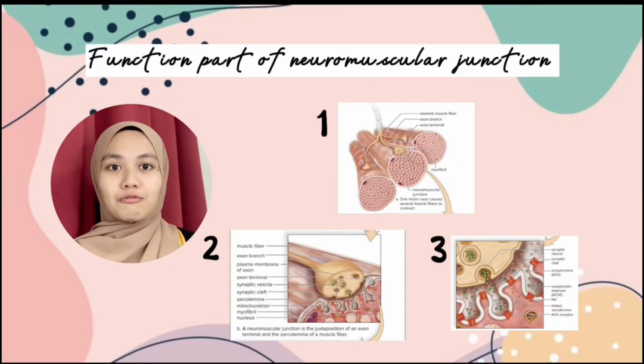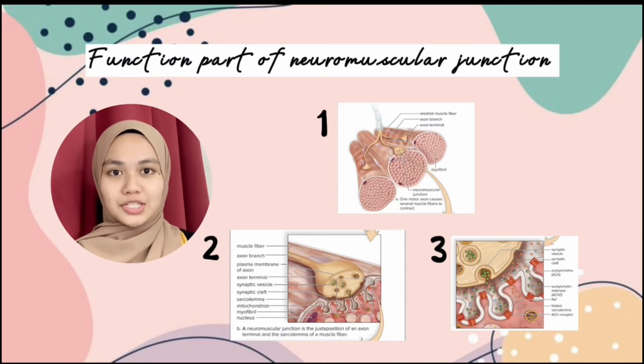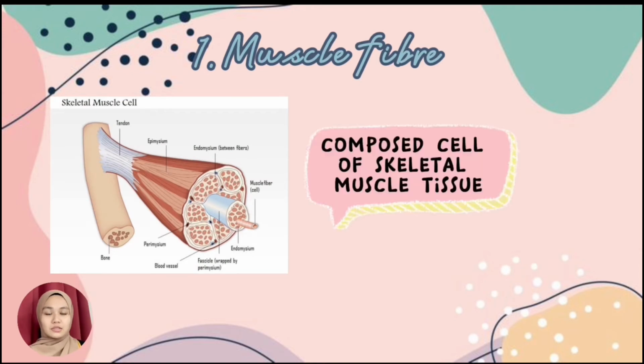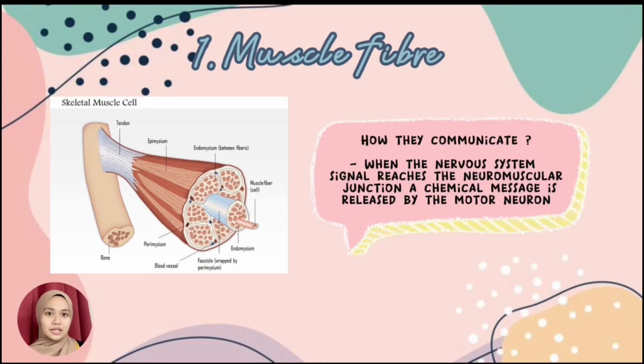Hello, I am Kuliah and I will present to you the function part of neuromuscular junction. The first one is muscle fiber. Muscle fiber is a composed cell of skeletal muscle tissue. So how does it communicate with the neuromuscular junction? When the nervous system signal reaches the neuromuscular junction, a chemical message is released by the motor neuron.